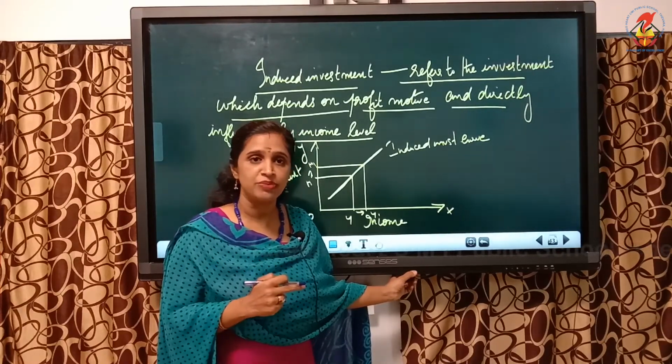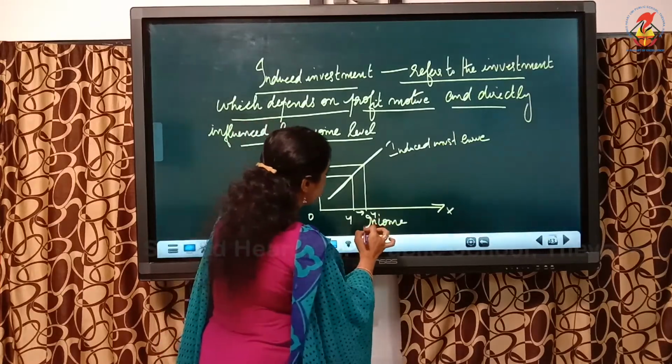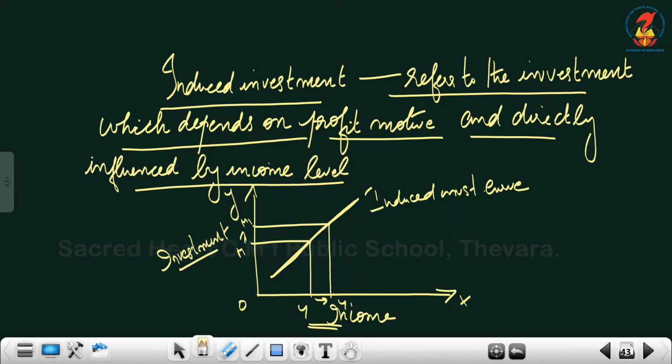Look at the diagram where I have marked income on the x-axis and investment on the y-axis. Initial income is OY and initial investment is OM. When the income has increased from OY to OY1, you can see investment also has increased from OM to OM1, because at OY1 level of income, investment is OM1.